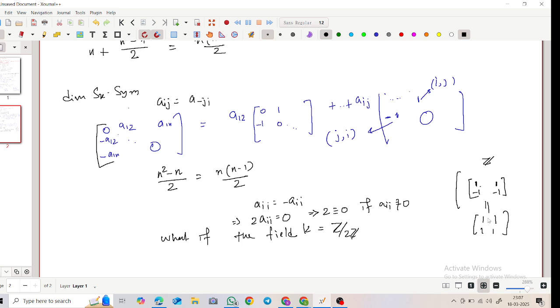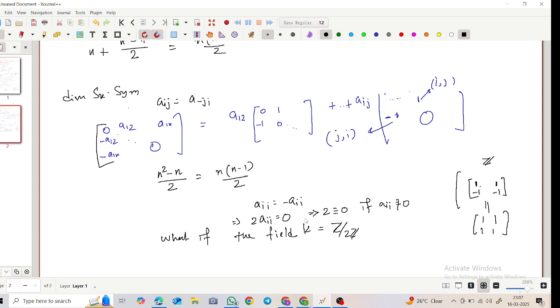That is because Aii equals minus Aii and 2Aii is 0, which implies, since 2 is not equal to 0, that Aii is 0. But what he is saying is that if 2 and 0 are equal, then what? So that's the only case, Z mod 2Z.